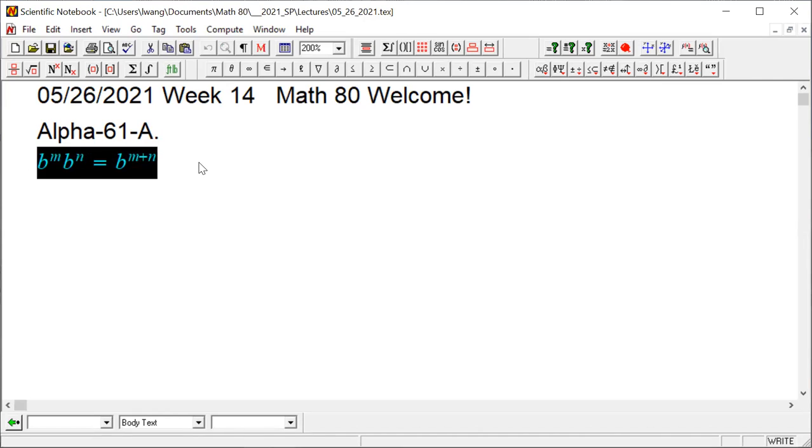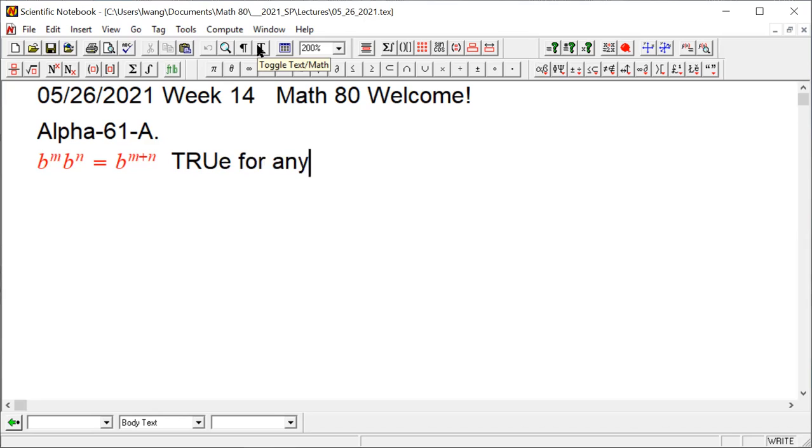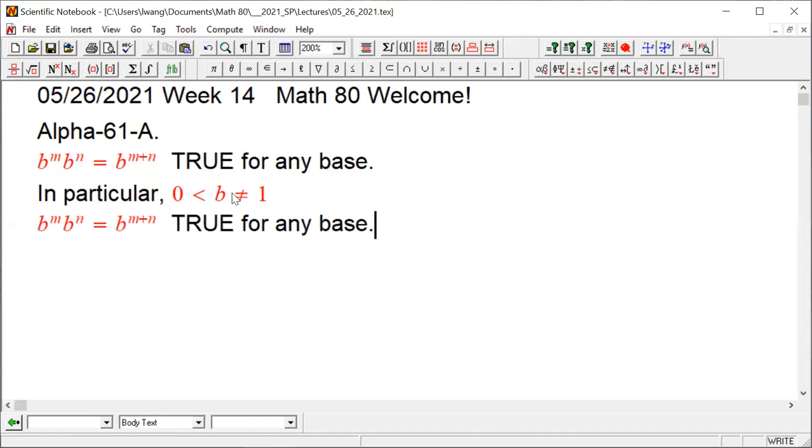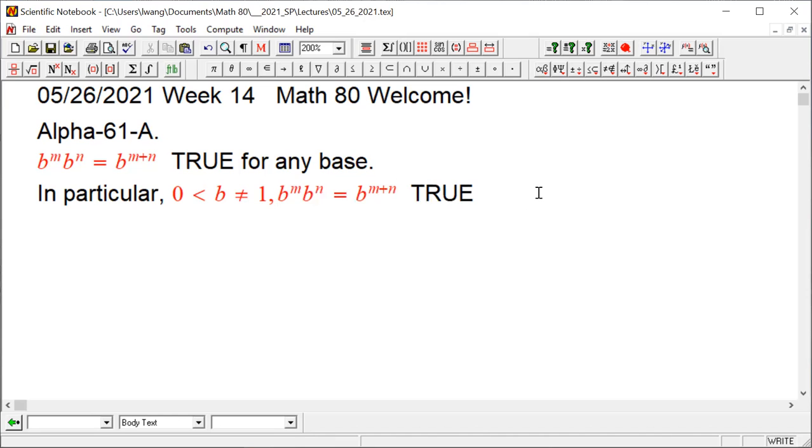Now, this is true for any base. In particular, if we restrict the base to be positive, not equal to 1, it's still true, right?